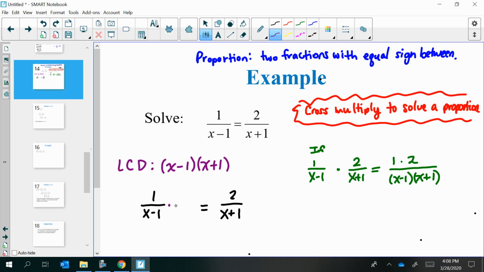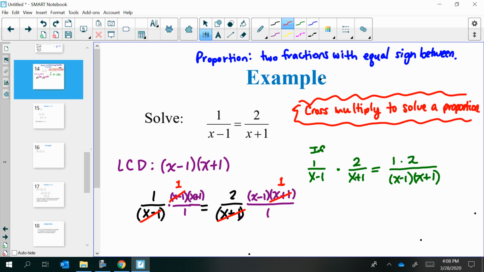So let's just work it out. And I'm going to go ahead and put some parentheses around these just to make them look more like quantities. And so notice this x minus 1 and this x minus 1 go away. This x plus 1 and x plus 1 go away.